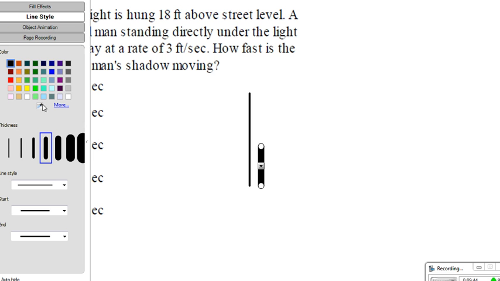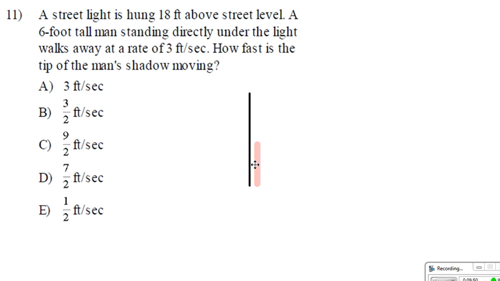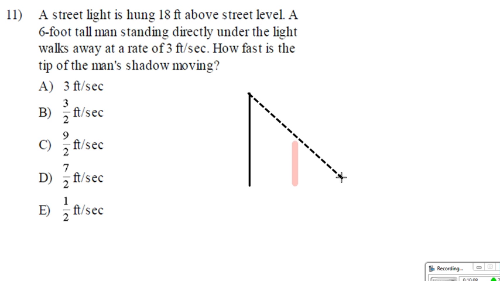I'm going to make it thicker, and this person, let us say the pink one is the person. If I put it right underneath the light, then it's very difficult for us to figure out any relationship, because we don't see any shape. So what if we move this person a bit ahead, then we get to see something like this.